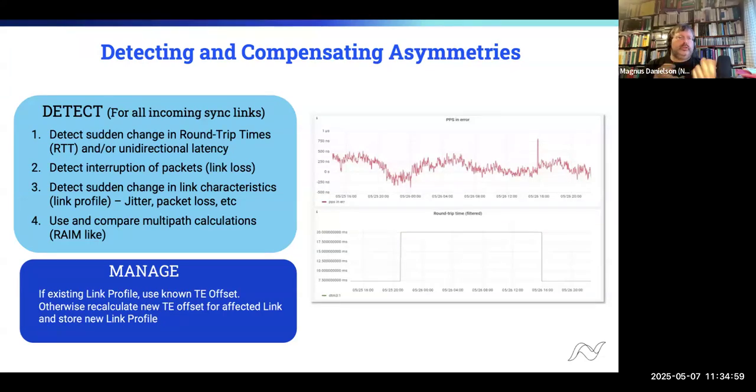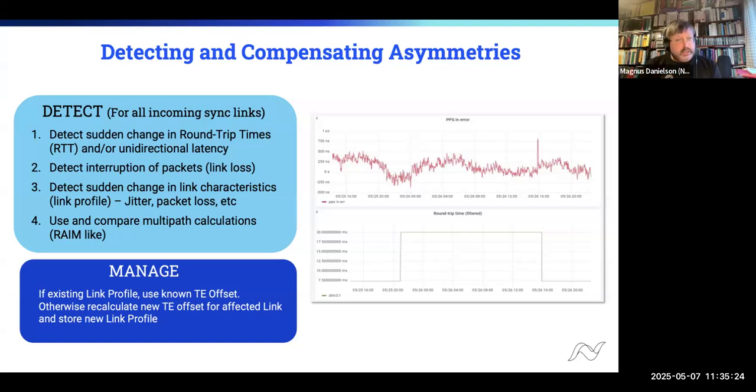You could also look, for instance, at interruption of packets. If you have timestamps, but also sequence numbers on these, you can easily detect that a number of them are missing. Since we're pushing a lot of these packets down and only selecting a few, missing a few packets is not a problem.